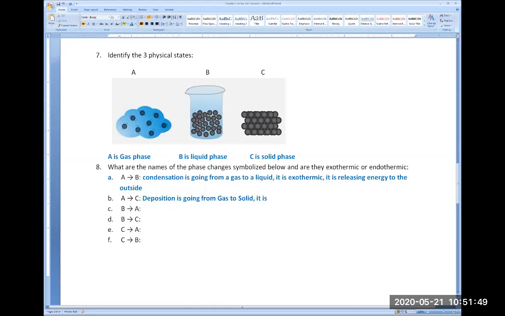Sometimes deposition is used, for example, when you want to coat jewelry or an object with gold. You do that under vacuum, in a big sealed glass vacuum bulb.